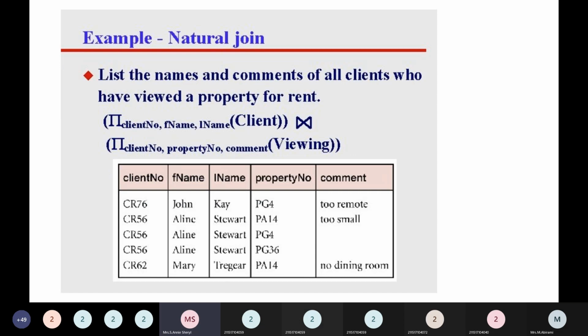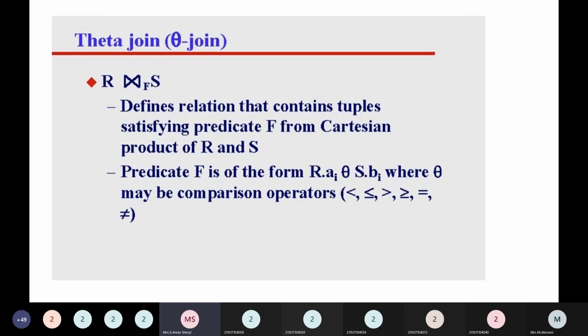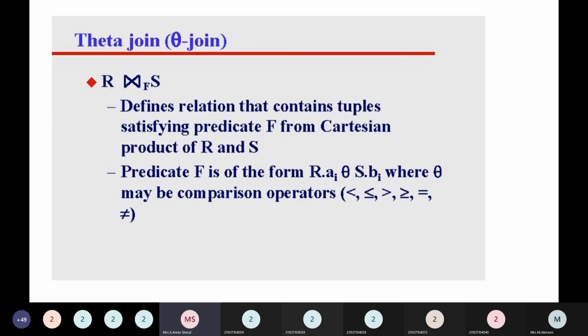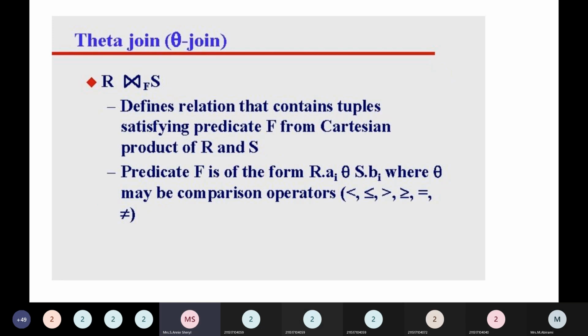Okay, so we'll just walk through what we have gone through. First, inside join we have various types of join. Inside that, we saw what a theta join is, and what an equi-join, natural join, outer join, and semi-join are. Inside join, when you have your predicate function, based upon your comparison condition the predicate works.